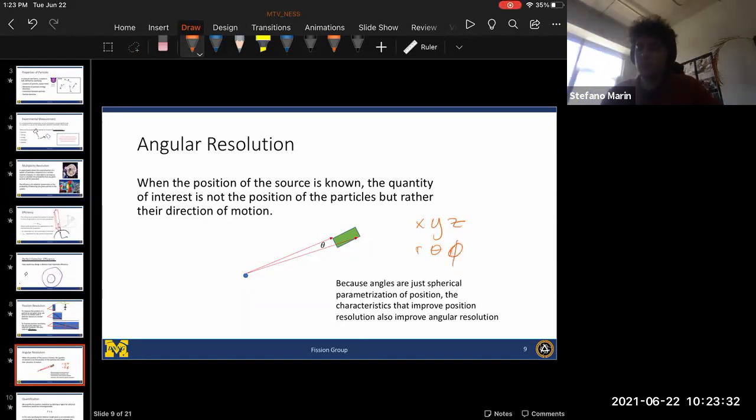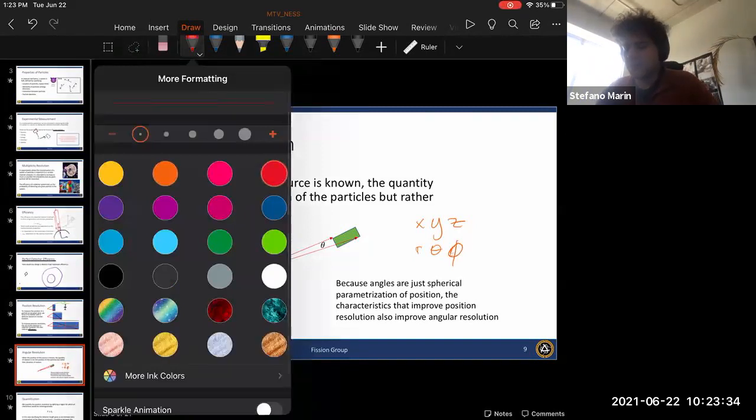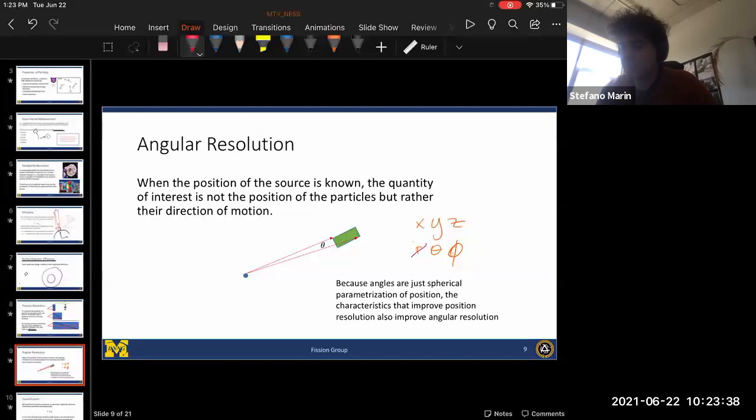Well, in reality, when one talks about the angular resolution, most of the time we don't even care about the radius, how deep into the detector the particle interaction is taking place. We usually care about these other two parameters, some parameterization of a sphere around it, some angular, some steradian distribution.